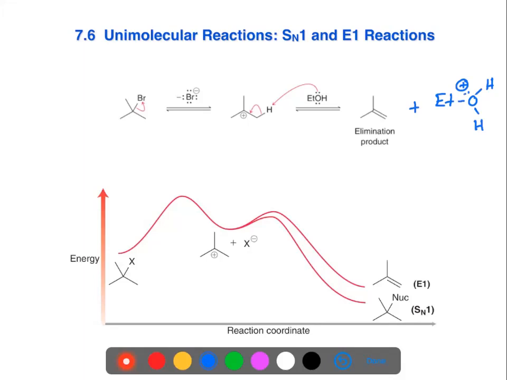Now what's shown below is the energy diagram for these two pathways, both the SN1 and E1 pathway. And what we see, or what we observe experimentally, is that the SN1 product is more stable than the E1 product.